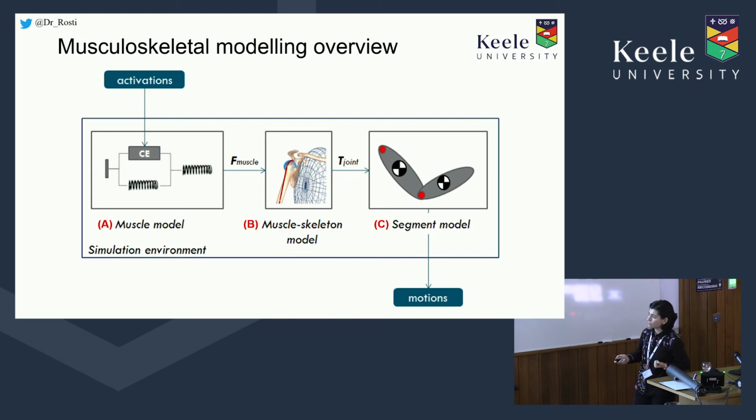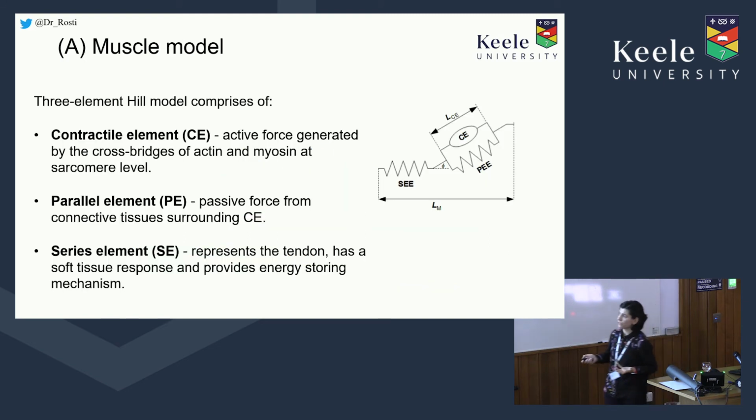So the muscle model is based on a very well-established Hill's muscle model, which comprises three components representing different parts of the muscle. For example, the contractile element represents the cross-bridges created via actin and myosin, and the tendon is represented by this part here, which is a nonlinear spring model.